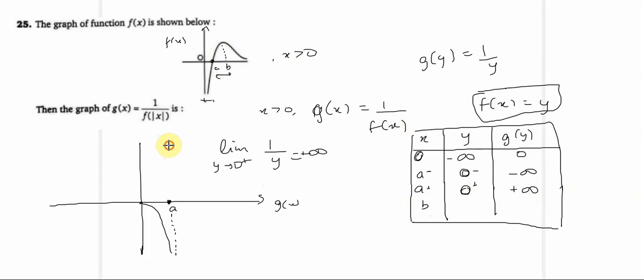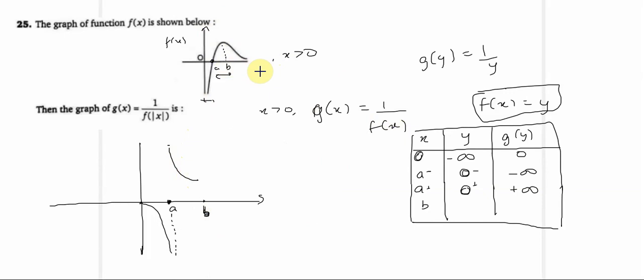Before that, let's plot what we have. So at b it reaches a minimum, but still a positive value. This is what we're going to get, something like this. Then what happens?